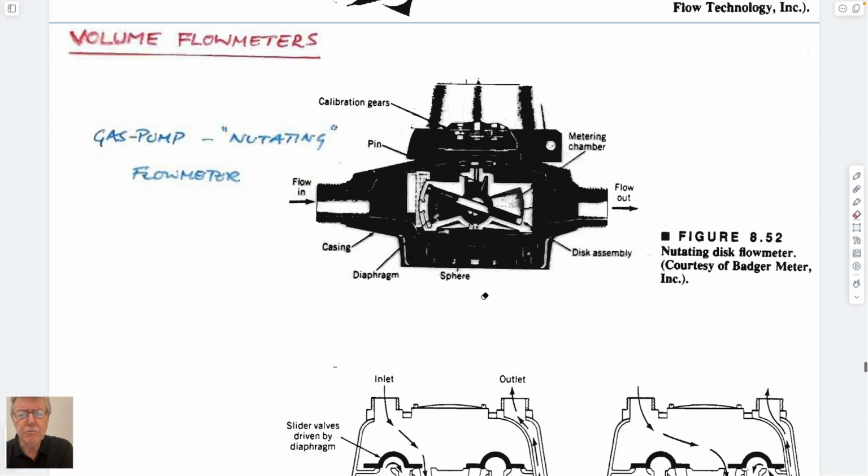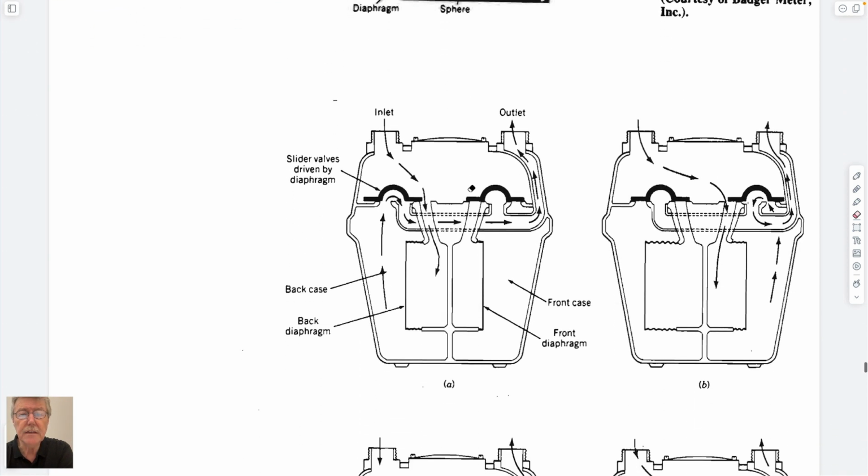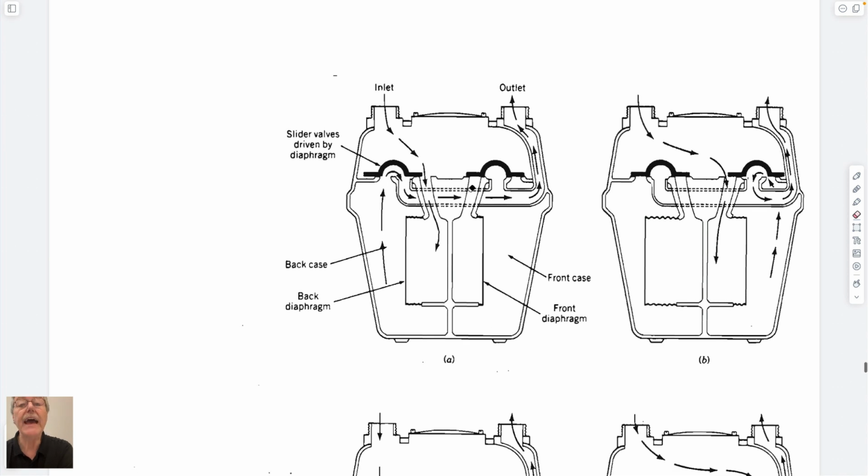And I don't know how these work at all, but nutating flow meters: I had a video, I don't think I showed it in class, but it's something that flips from upstream to downstream and gives a measured volumetric flow rate with each container that empties as it goes downstream. And then there are the gas meters.